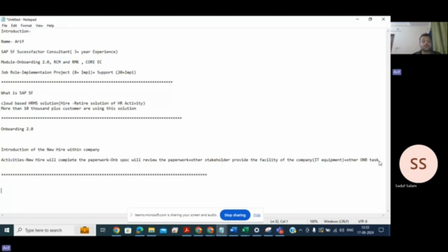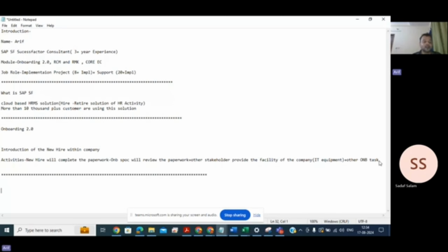So customers who are right now using 1.0 are very quickly moving to 2.0. Okay. So right now the job market is demanding a lot of onboarding 2.0 consultants because of this transformation. Since 1.0 is depleting in 2025, every company is planning to move to the 2.0 solution within the next year.